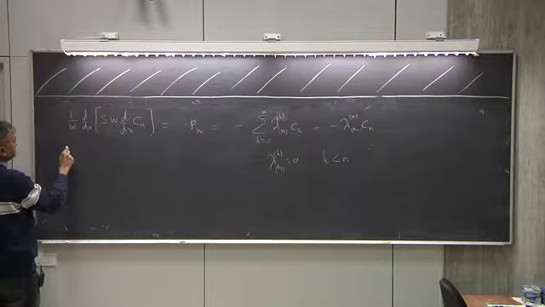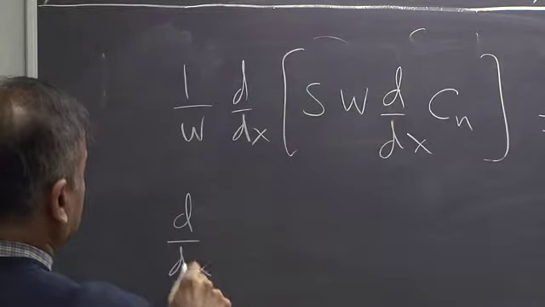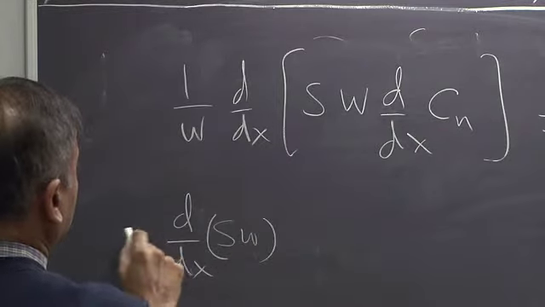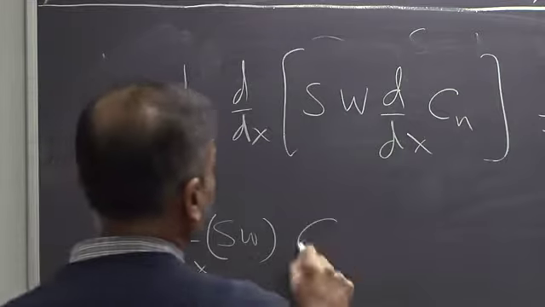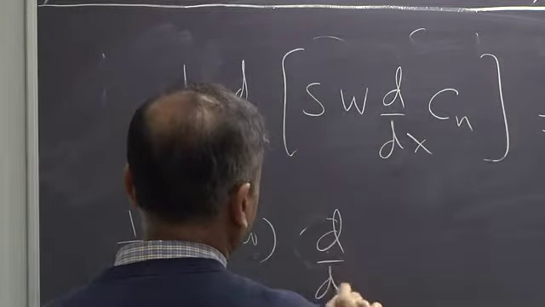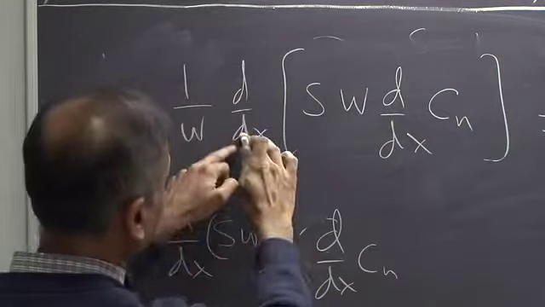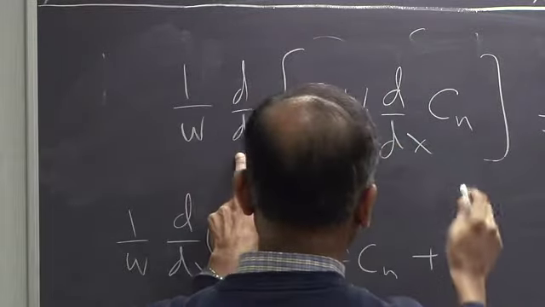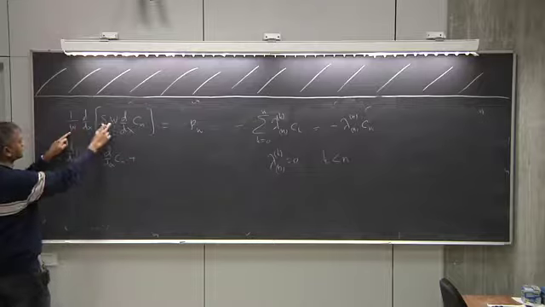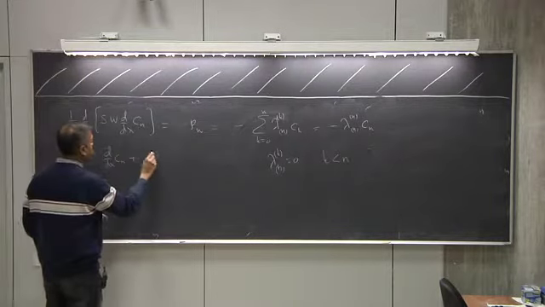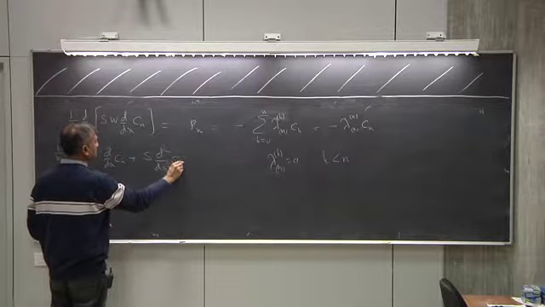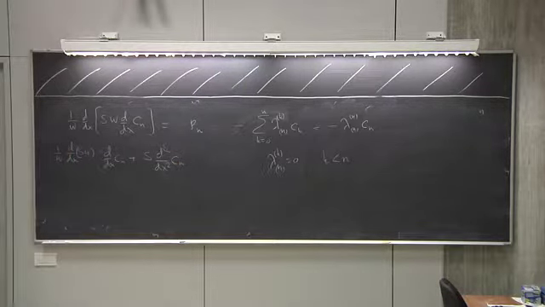One term will be 1 over w times d by dx of s w times d by dx Cn, when this derivative hits there. Then there will be another term when the derivative hits here. There you see w cancels, and you get s d2 by dx2 Cn. That's the left hand side.